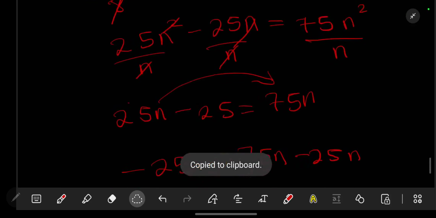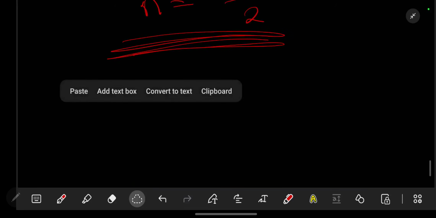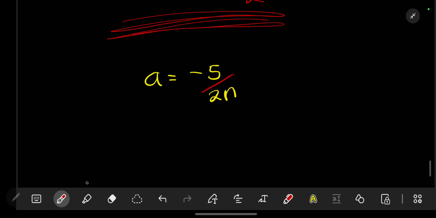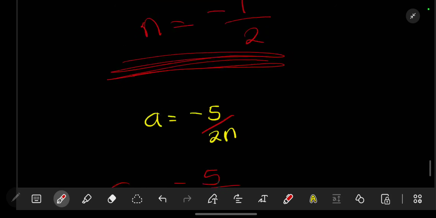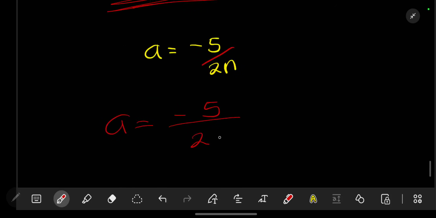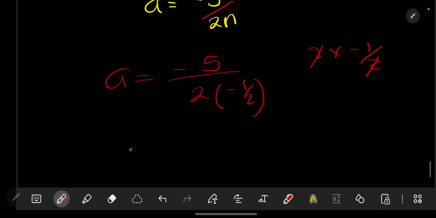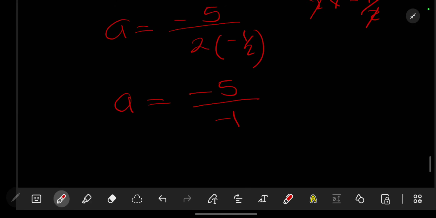So a should be equal to negative 5 over 2n. Our n is equivalent to negative 1 over 2. So 2 times negative 1 over 2, this and this cancels. We are going to remain with a negative 1. So a is equal to negative 5 over negative 1, which will be a is equal to positive 5, like that.